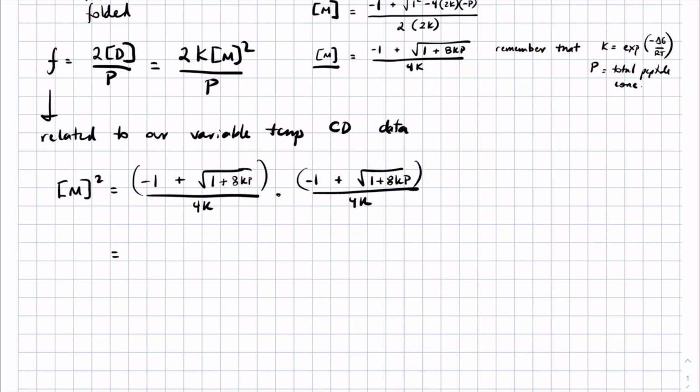We'll use FOIL to figure out what the numerator should be. That'll be 1 minus 2 times the square root of 1 plus 8kp, plus 1 plus 8kp, divided by 16k squared. And that will equal our monomer concentration squared.